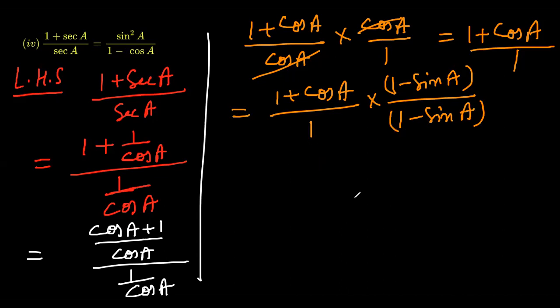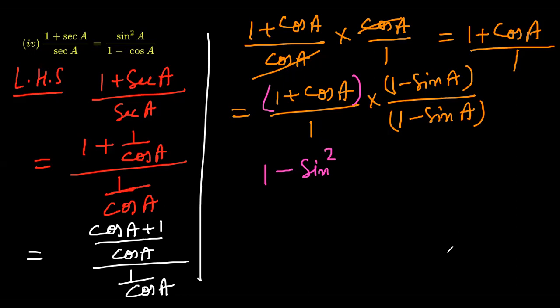All right, so the numerator is now a squared minus b squared, and this should be written in brackets. So it's like (a plus b)(a minus b), which is a squared minus b squared. A is 1 and the square of 1 is 1.